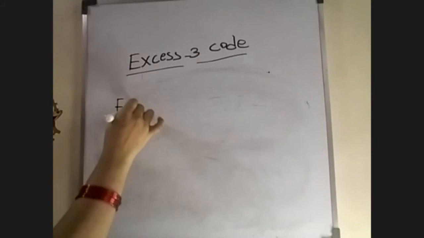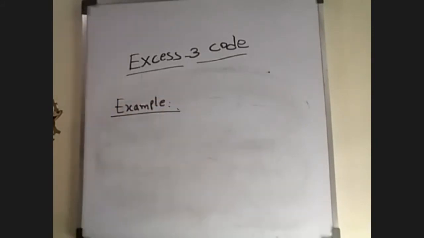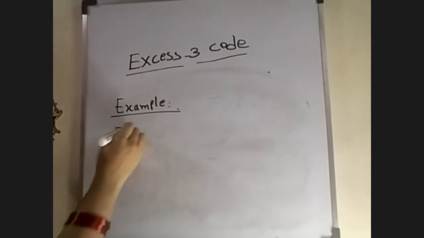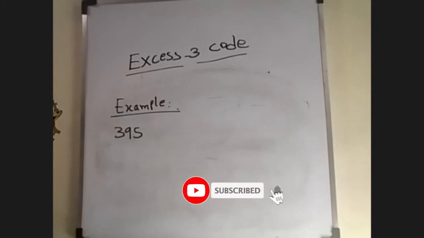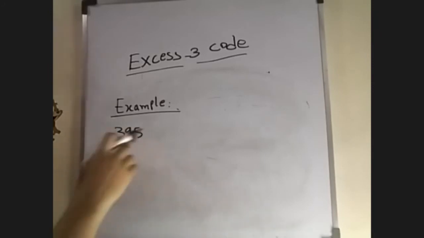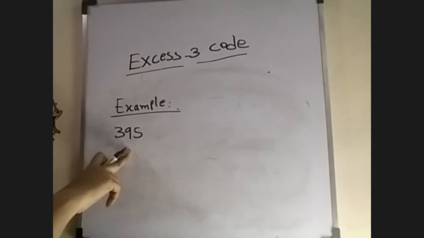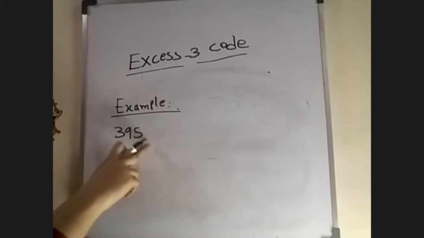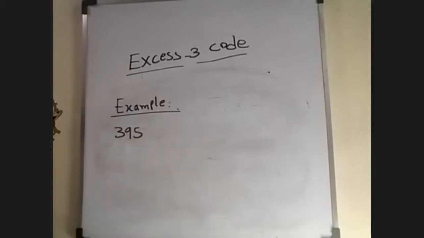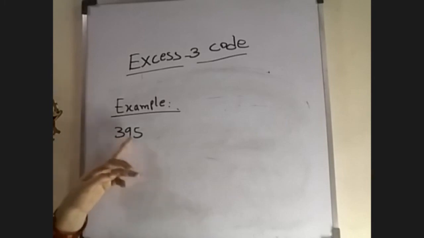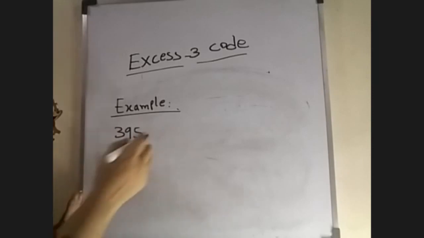Example: the decimal number 395 is represented in XS3 code as follows. How do you represent this value in XS3 code?